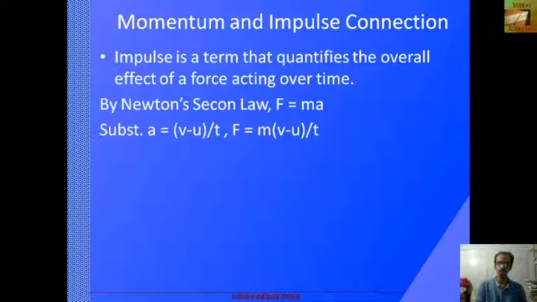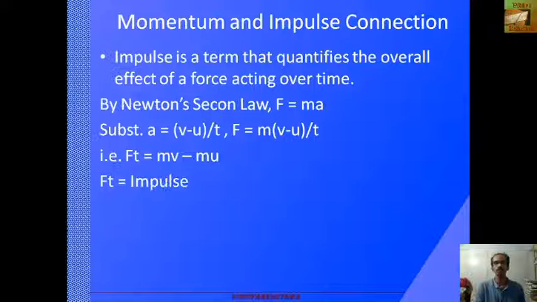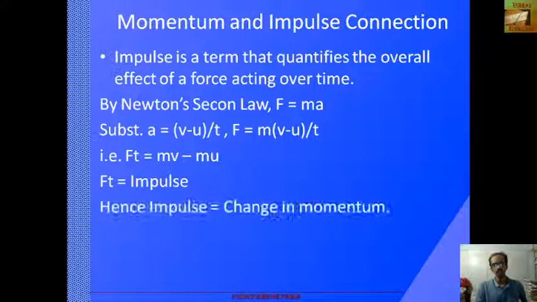Substituting the value of acceleration as final velocity minus initial velocity divided by time, we get F is equal to m into v minus u by t. If we put t on the left side, we get Ft is equal to mv minus mu. mv is the final momentum and mu is the initial momentum, and Ft is impulse. Hence, we get impulse is equal to change in momentum.